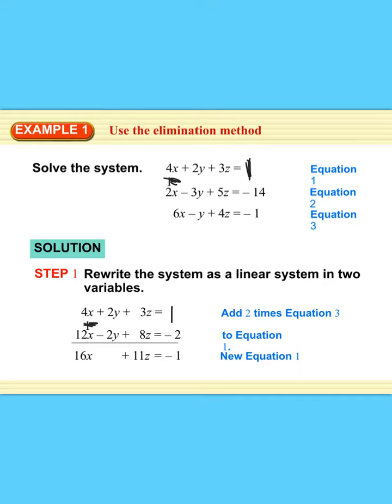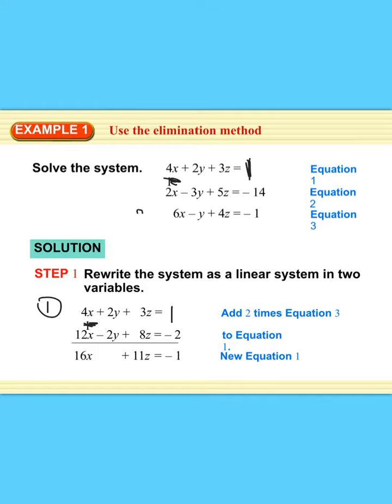So I'm looking at the first equation, and I'm looking at the third equation, and I'm going to multiply the third equation by 2 because I'm trying to cancel out my y variable. So it's rewritten down here.